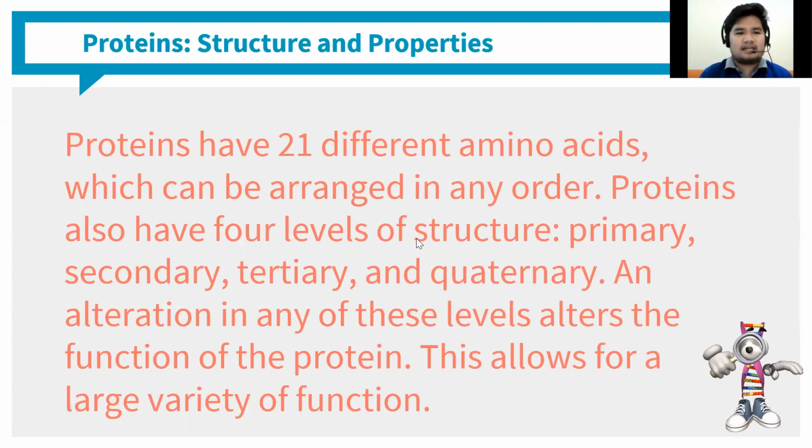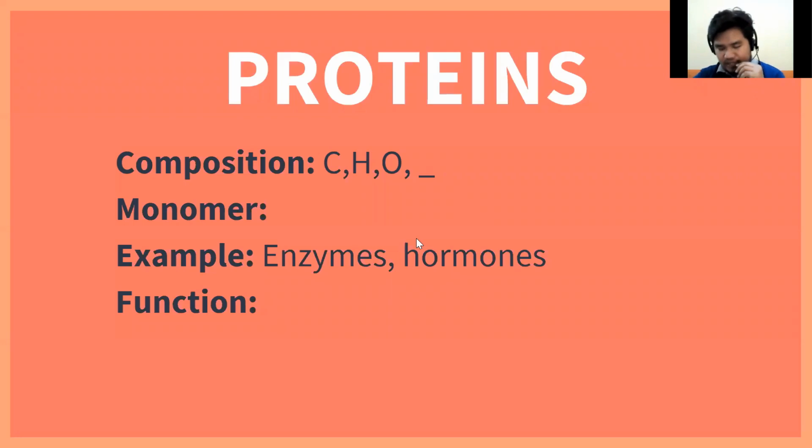And an alteration in any of these levels alters the function of the protein. Yon, sinabi natin kanina, sa sickle cell anemia. This allows for a large variety of function because of those structures, okay? So, let's go back. A short review about protein. Ano ang missing elemental composition?